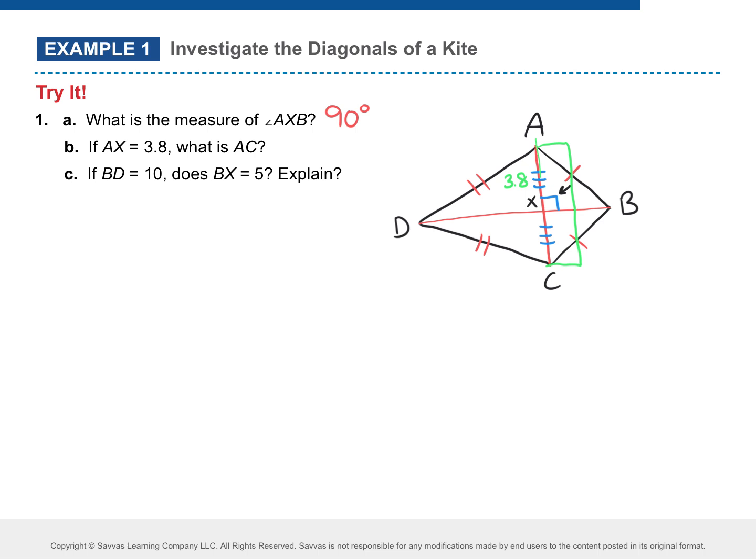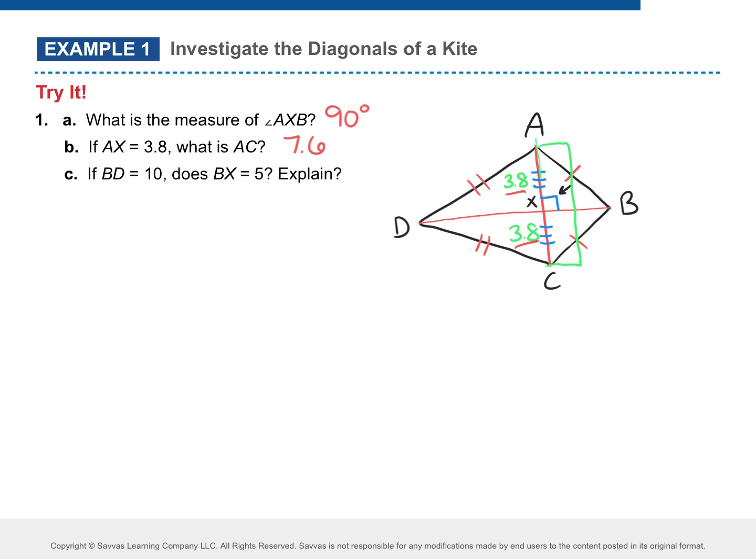If this is 3.8, what's this one? Also 3.8 because they're congruent to each other. So how do we find the whole thing? Add the two parts together. So 3.8 plus 3.8 is 7.6.